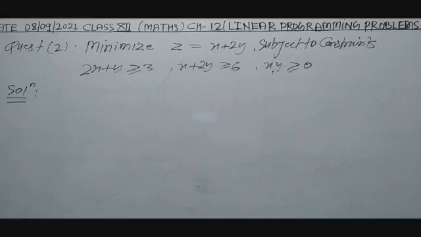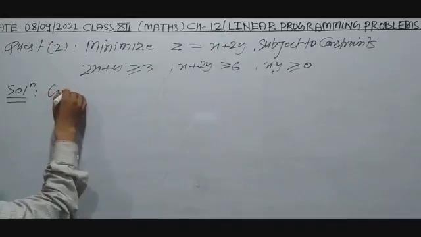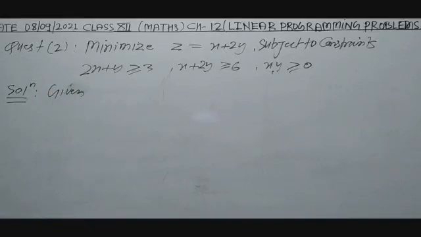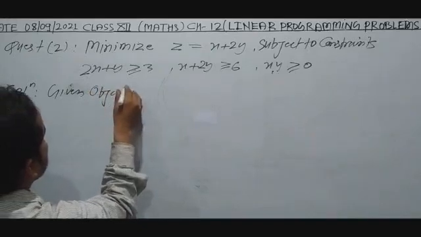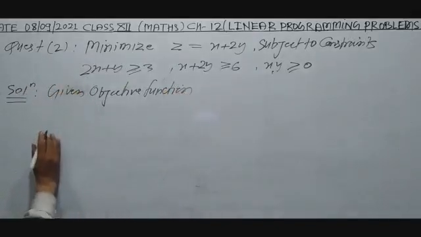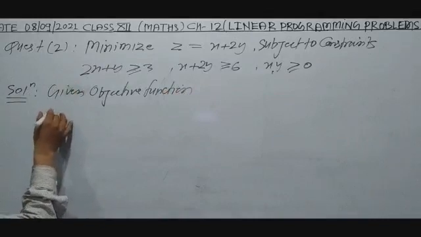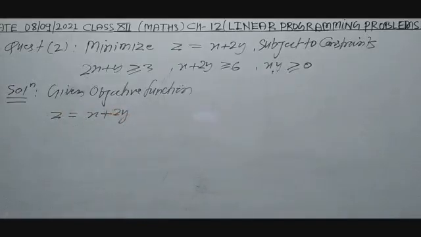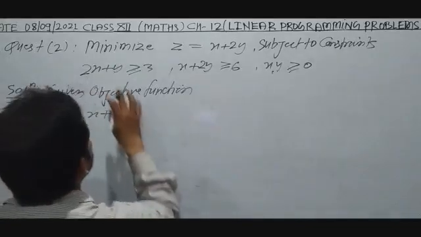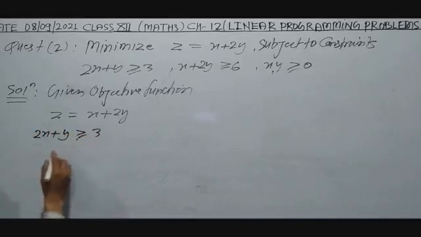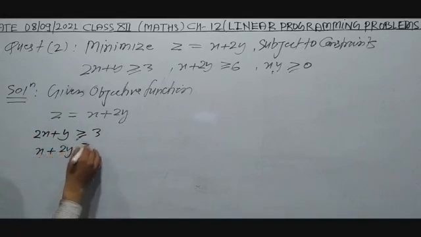So we have to draw these inequalities. So given the objective function z is equal to x plus 2y, and the set of constraints 2x plus y is greater or equal to 3 and x plus 2y is greater or equal to 6.